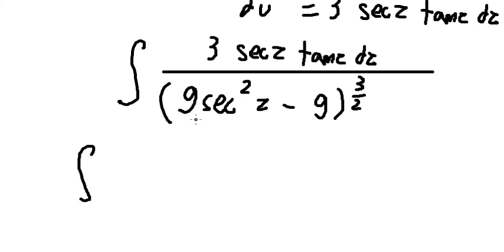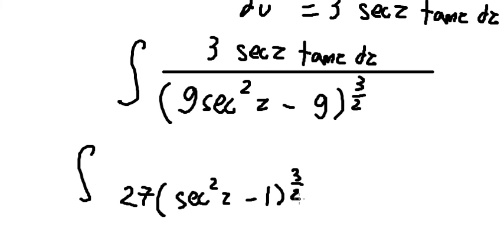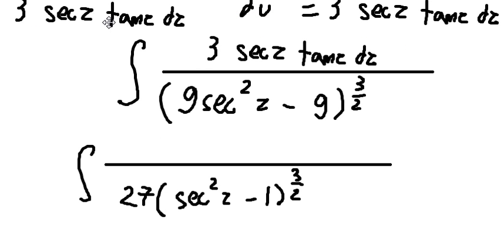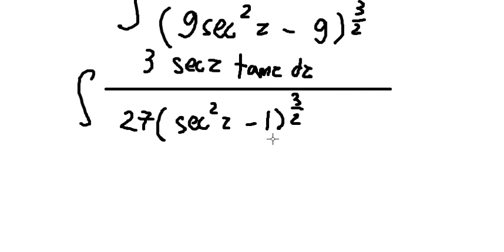We have number 9. We can do factorization, and we have the power 3 over 2. That should be about 27. This one we change for tan z square.